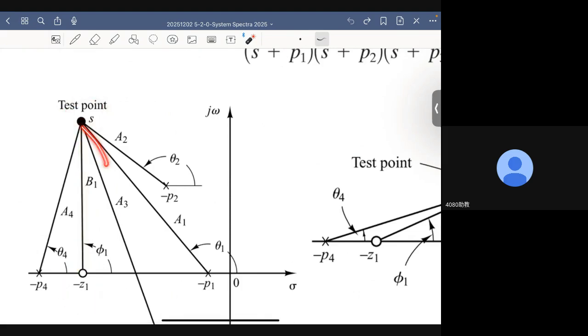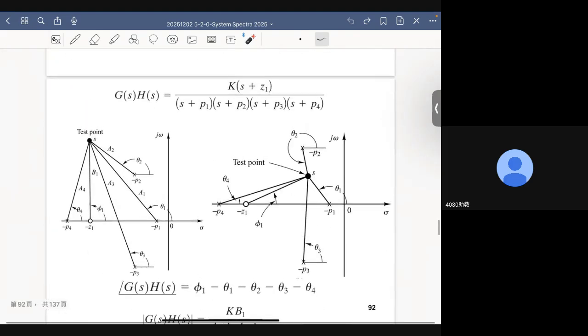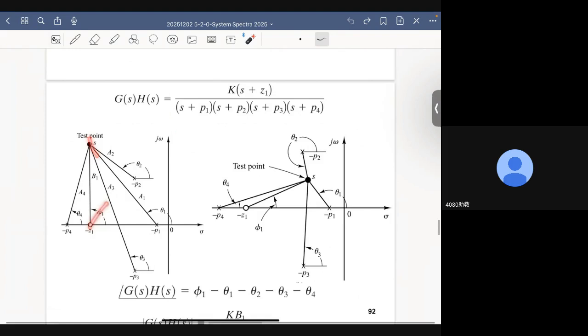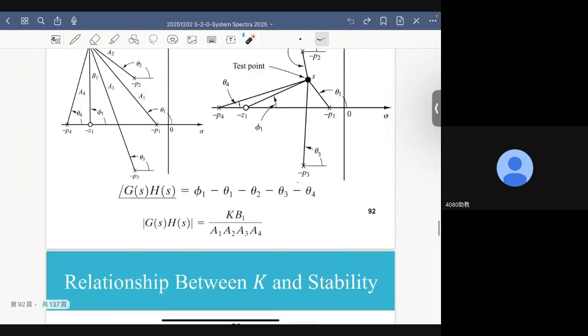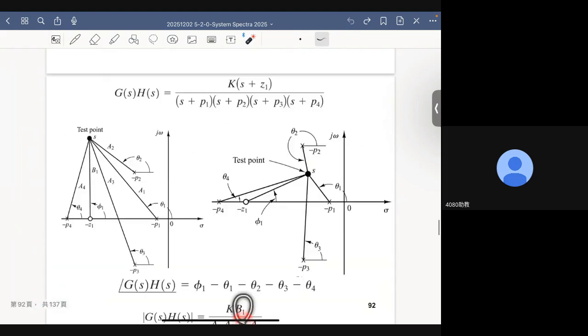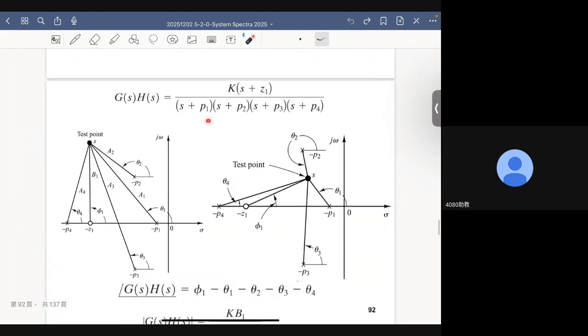And this distance represents B1, the magnitude of s plus Z1. All right. Now, similarly, for this term, all I need to do is draw a line between s and minus P1.